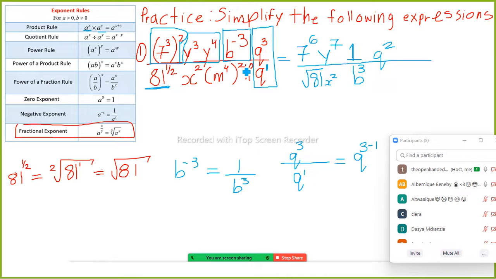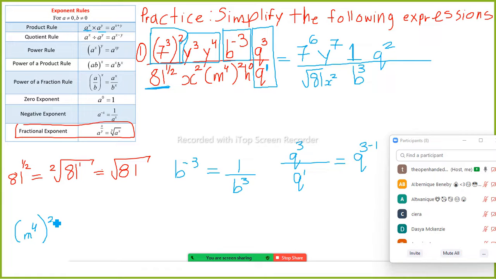No, look at it. We have m to the power of 4 all raised to the power of 2. That's the power rule. Power rule, excellent.